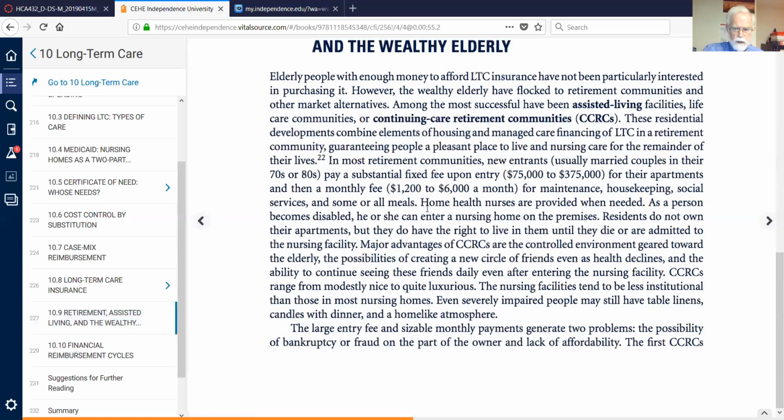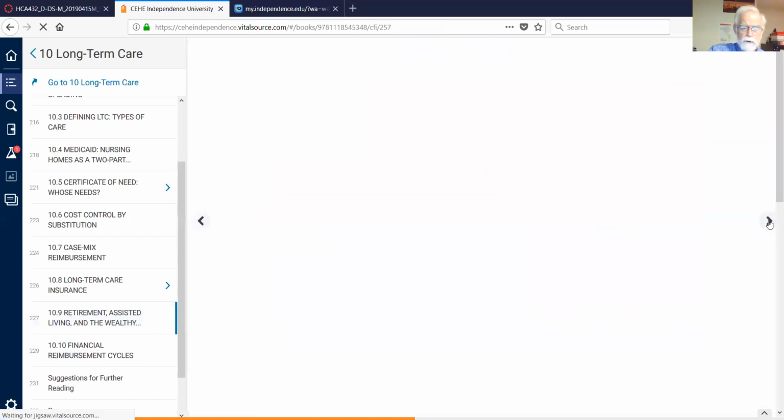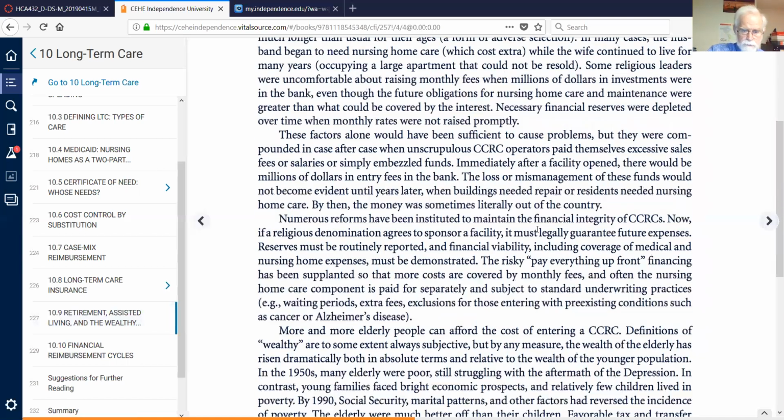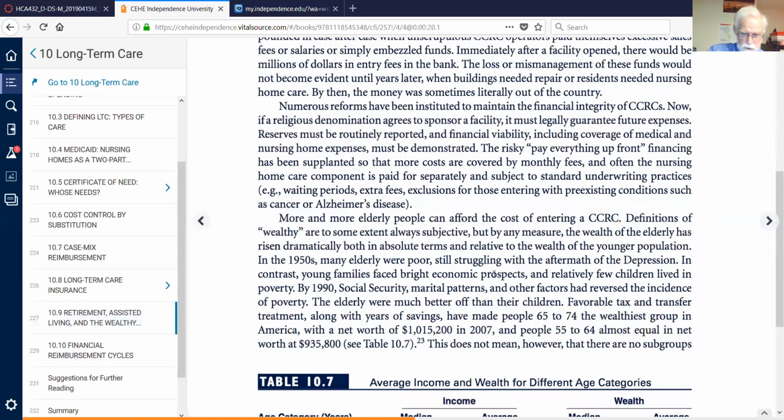These have had a lot of problems with being poorly run and possibly scams. Still, it requires money. You have to be wealthy. Again, your point was that if you're wealthy, you can afford it and you do it. If you're not wealthy, what do you do? It's hard to see what goes on. This section here talks about that.